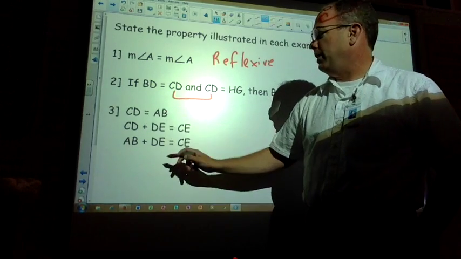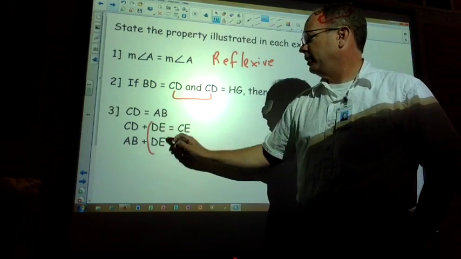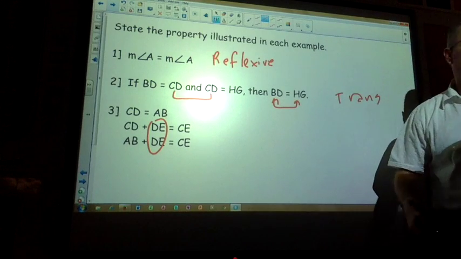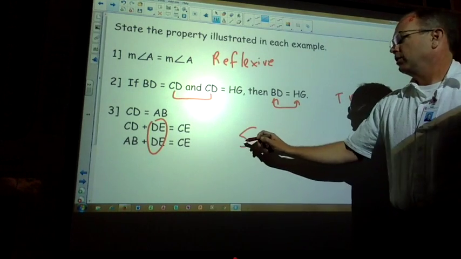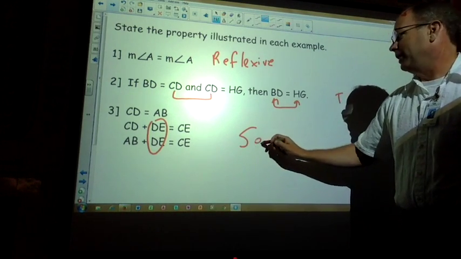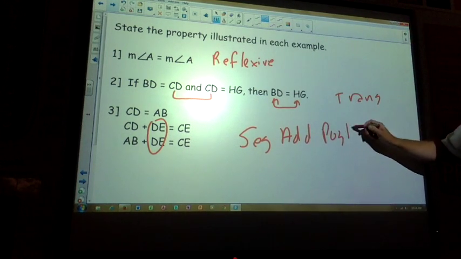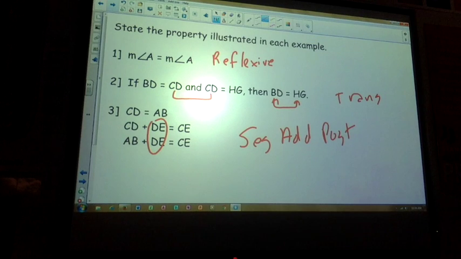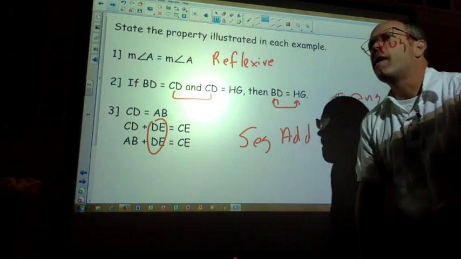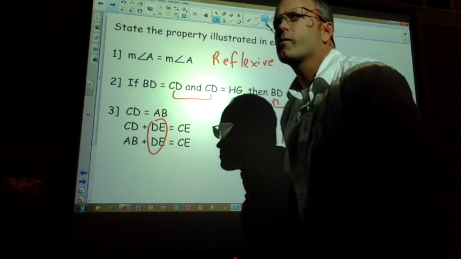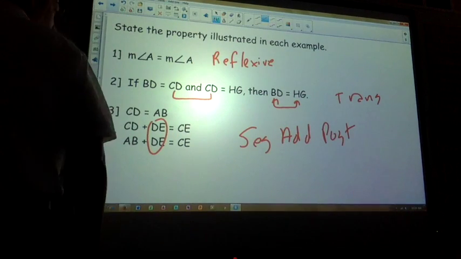I have CD equals AB. So then I'm adding the exact same thing to both of them. What's taking place here? Segment addition, right? I added the same size segment to each.